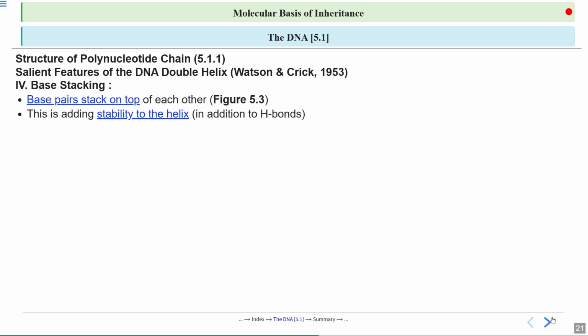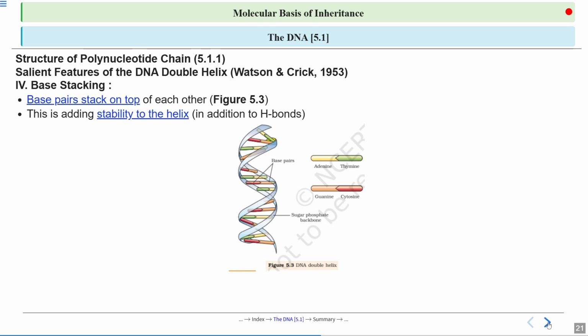First of all, the nitrogenous bases are complementary to each other, and they are base pairing with the help of H bonds, which adds stability to the helix. Along with that, the base pairs are stacked on top of each other, and that's why they are giving more stability.